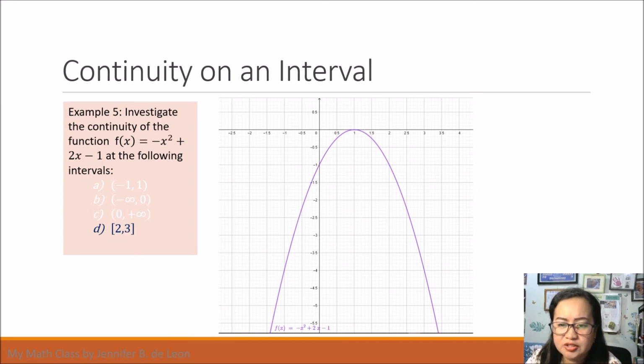Now what about the closed interval 2, 3? We plot these points, 2 and 3. We check whether the graph is continuous from the right of 2. So here we trace right of 2, that includes here. Then we trace the function from the left of 3.